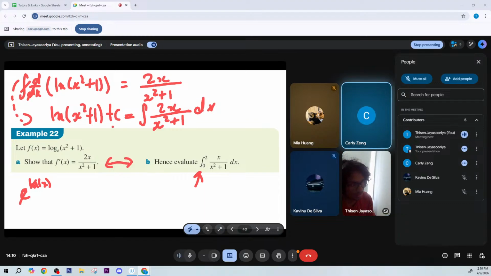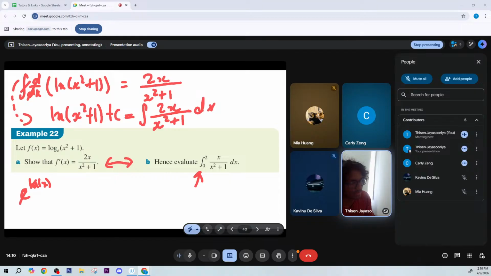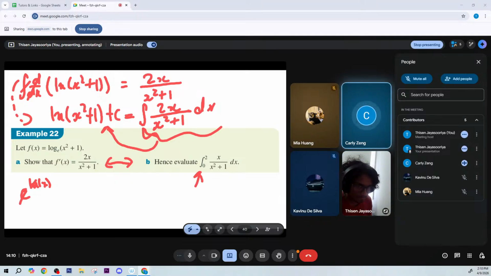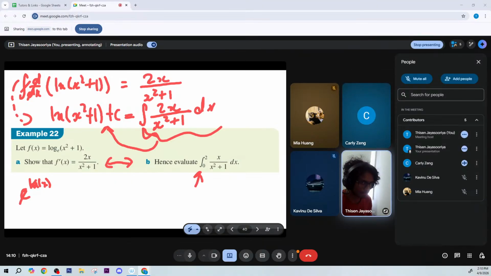Well, if I know the derivative of ln of x squared plus 1 equals 2x over x squared plus 1, that means if I anti-differentiate this function, I should just get back to the original, correct? Does that make sense? Yeah. So that's the idea that I want to go through.